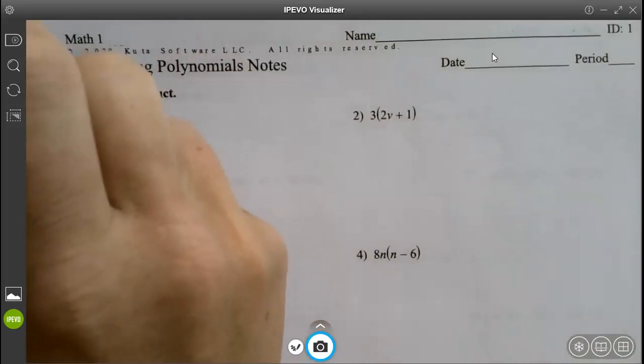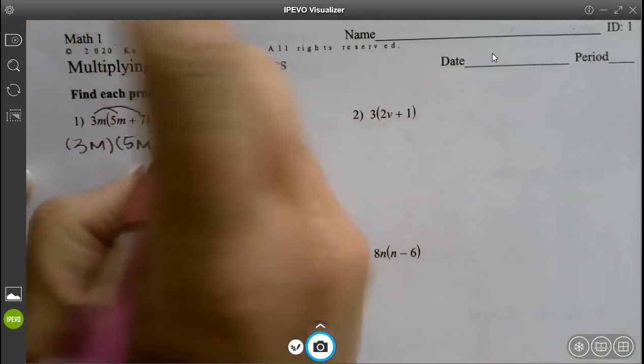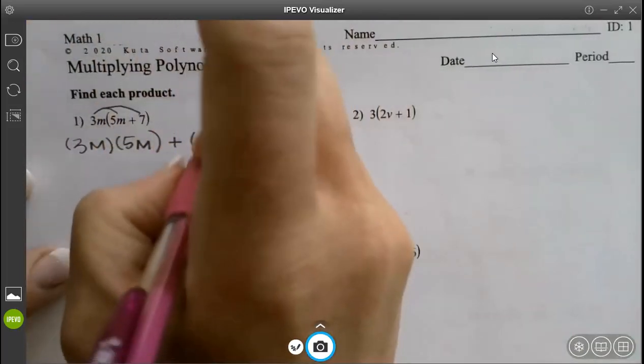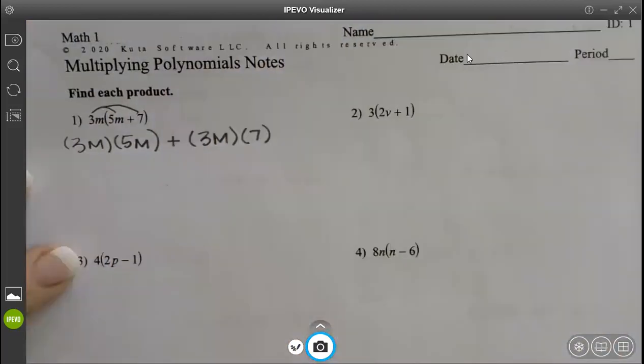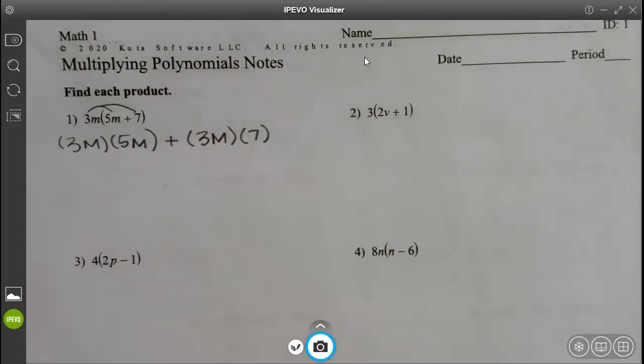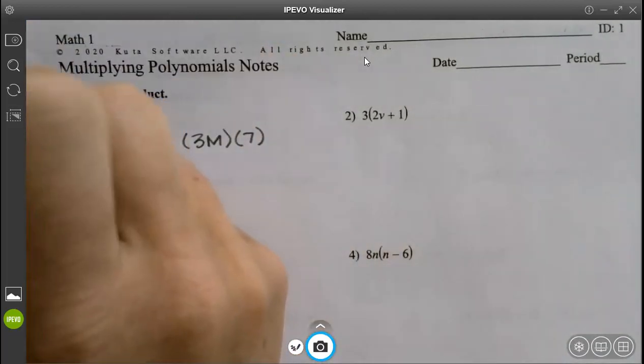So what you're actually doing is 3m times 5m. And then you guys have a plus. And you do 3m times 7. And then we just multiply them together. So your numbers 3 times 5 is 15.